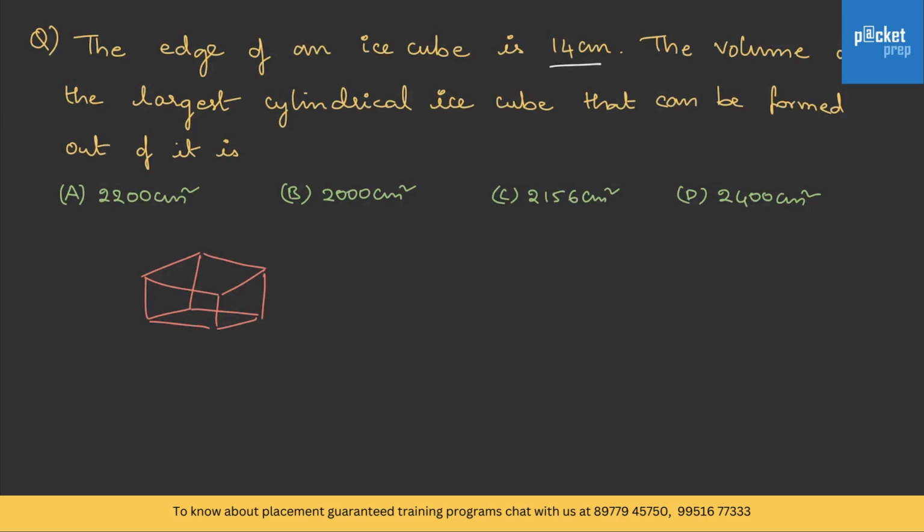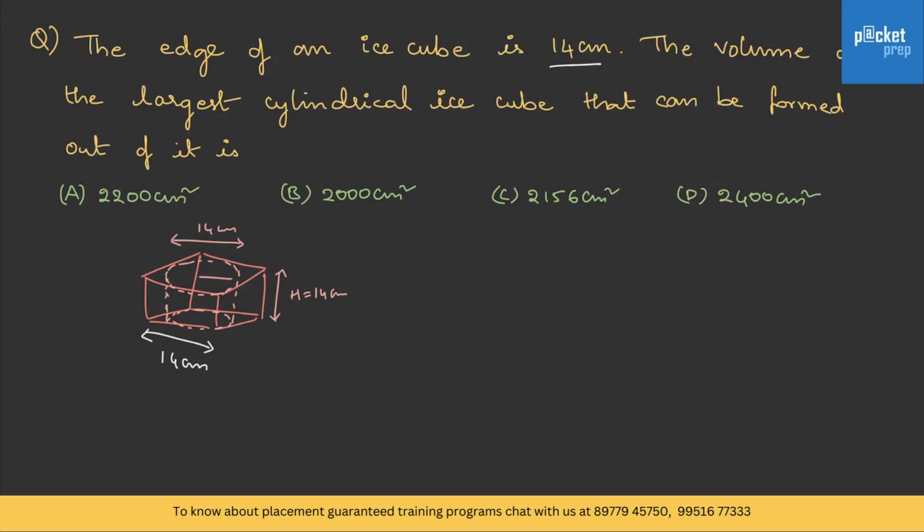So there's an ice cube and the side length is 14 centimeters. So from this ice cube, basically we need to carve out a cylinder. Something we could do it in this way. They're asking us what is the maximum volume of the cylinder that can be formed with this. So you can clearly see the height of the cylinder that can be formed maximum will be 14, and the diameter of the base will be again 14.